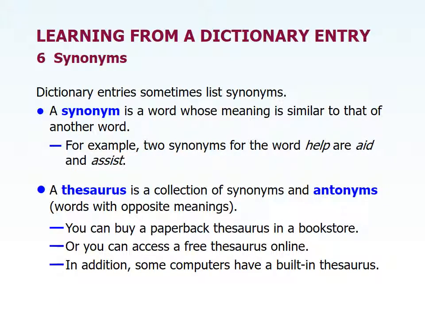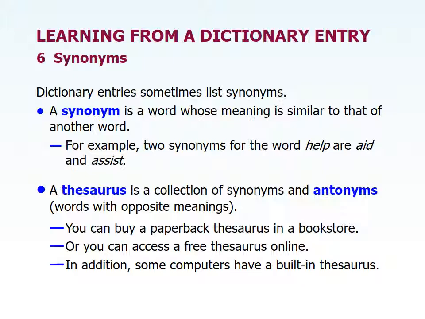The last thing that you're going to have in a dictionary entry is synonyms. Now, a synonym is a word that has the same or at least a similar meaning to the word that you're looking up. So, for example, if we looked up the word help, aid and assist are two synonyms.